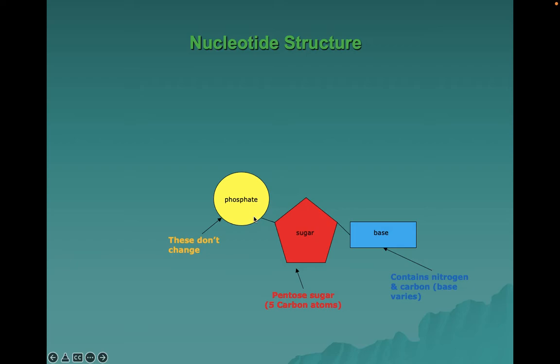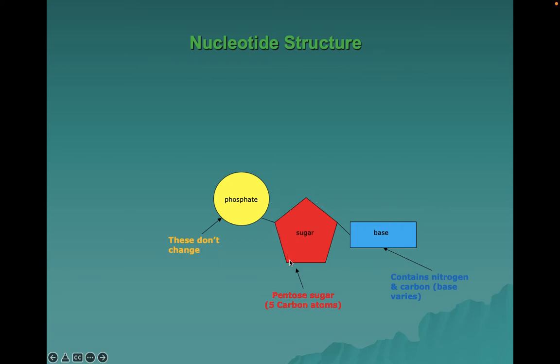The first component is usually represented as a circle. The colors, by the way, don't matter. They can change from one source to another, but certainly the shapes tend to be fairly consistent. So phosphate is usually represented by a circle, and these do not change from one nucleotide to the next. All nucleotides have the same phosphate group.